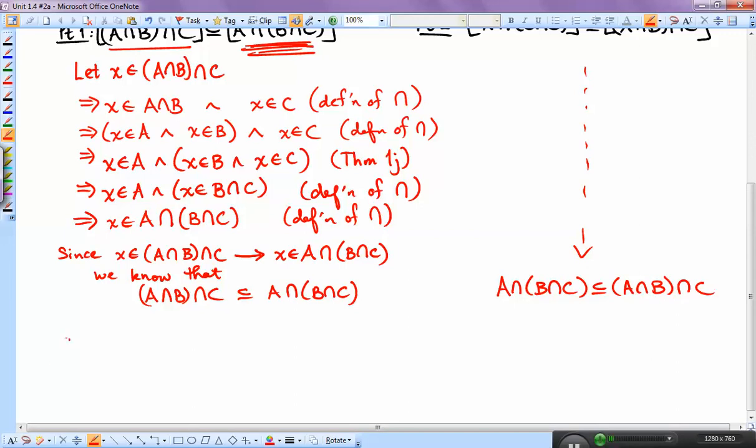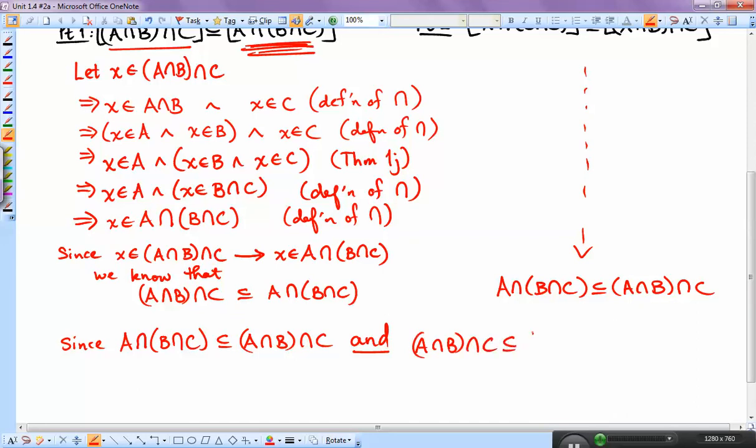So now you need to say, since A intersect B intersect C is a subset of the other one, and the reverse, the one on the right is the subset of the one on the left, oops, wrong parentheses, so since we know both of those things, we can say that they're equal.